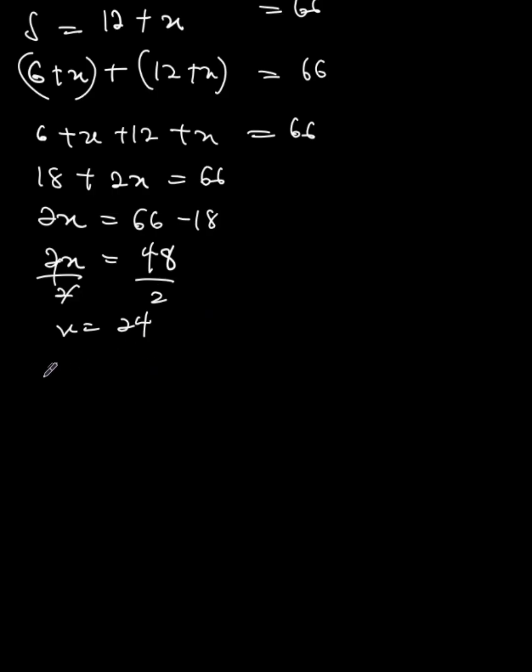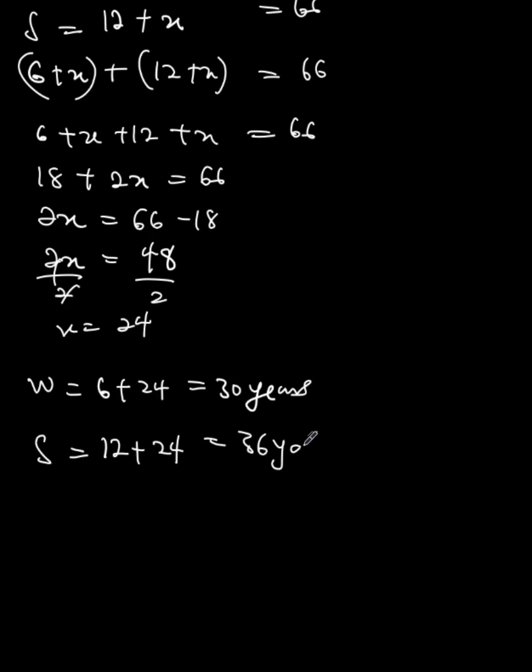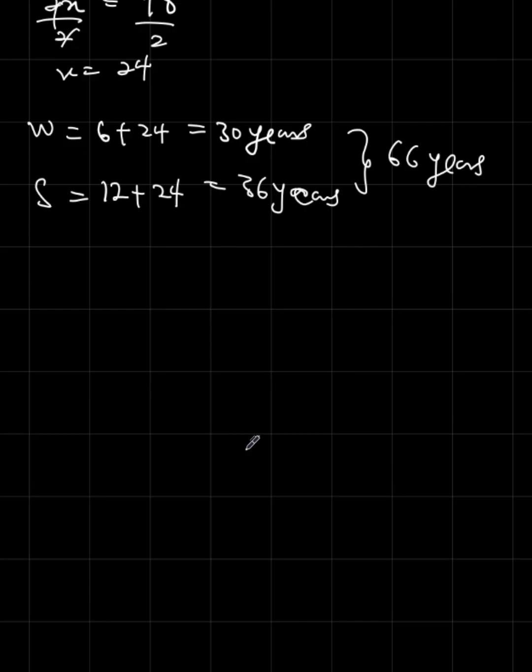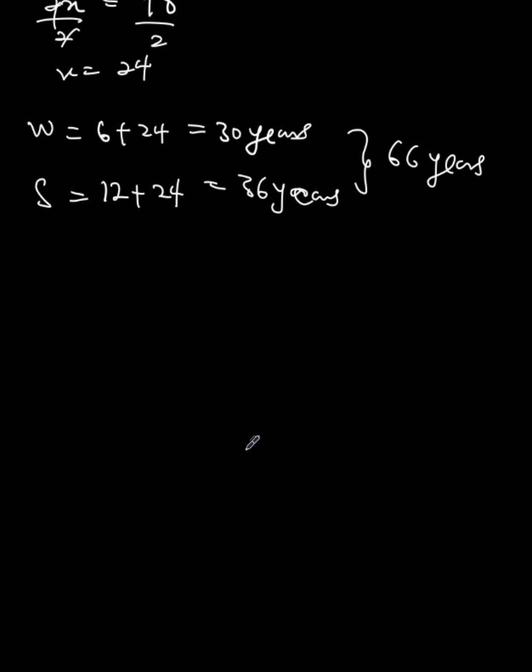So which means Wally will be 6 plus 24 years, which is 30 years, right? And then Sonny will be 12 plus 24 years, which is 36 years. See, both of them give us 66 years. Now, but the question was given in words, so your answer should be in words.